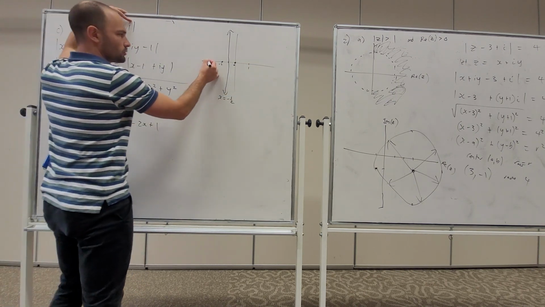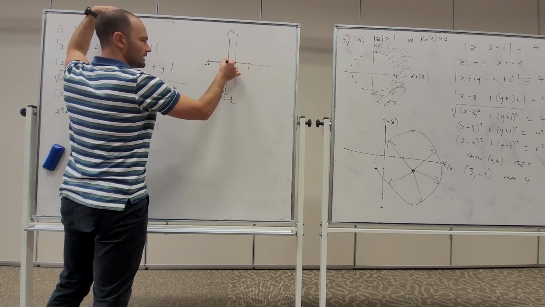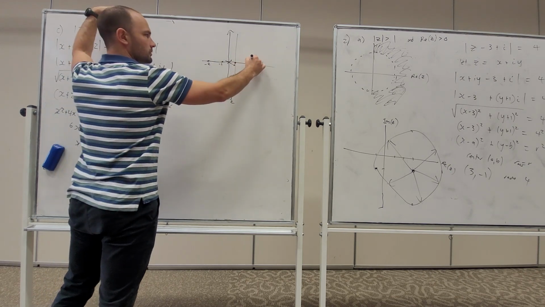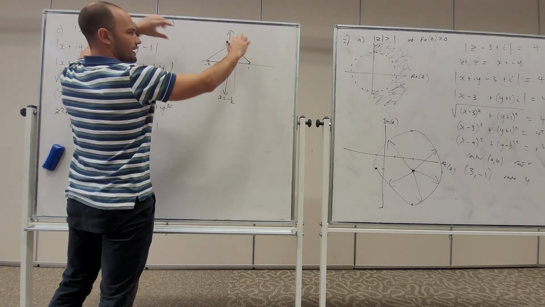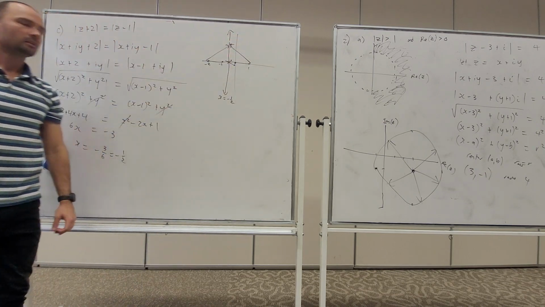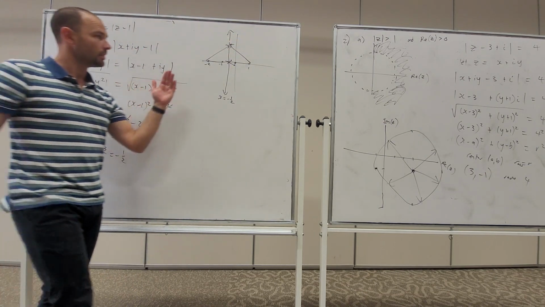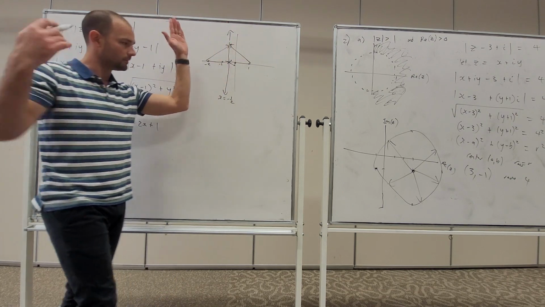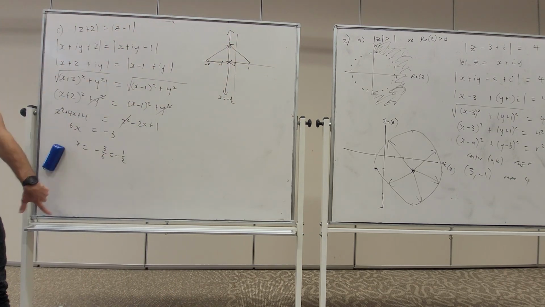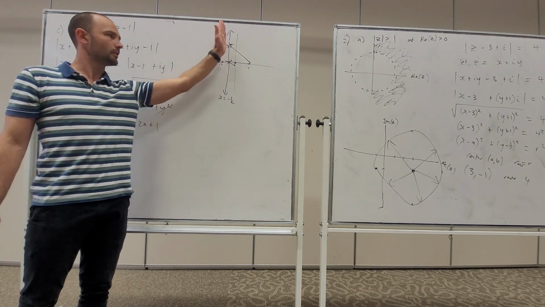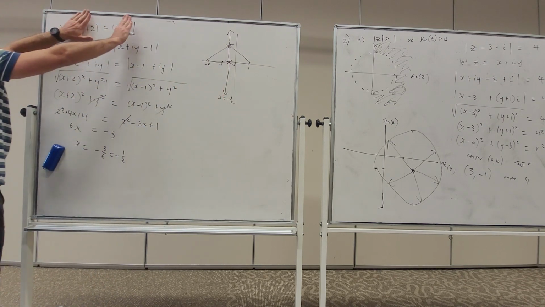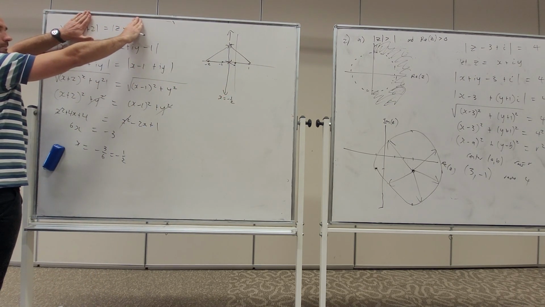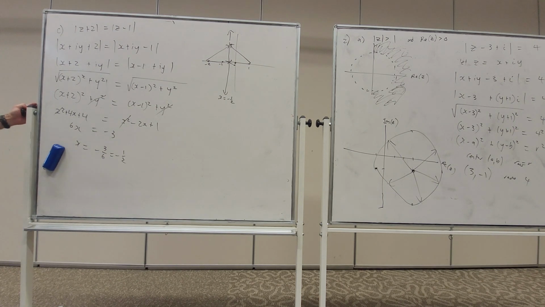Notice if I draw a complex number here and here, they have the same modulus. If I draw it here and here, they have the same modulus. So what's going on? The visual part of it, if we don't perform the algebra, is the equation of a vertical line directly between negative 2 and positive 1. All right, so that's C.